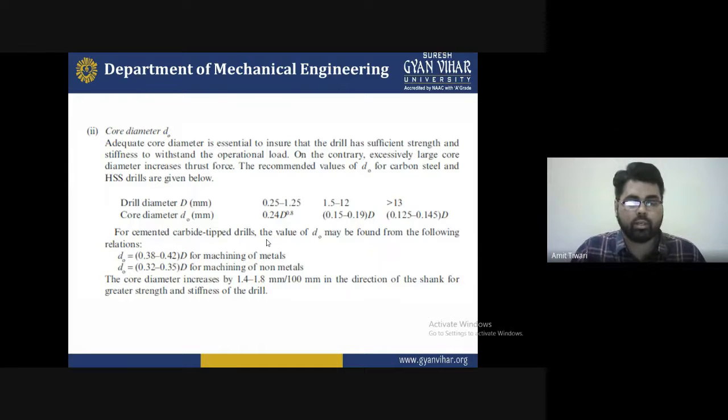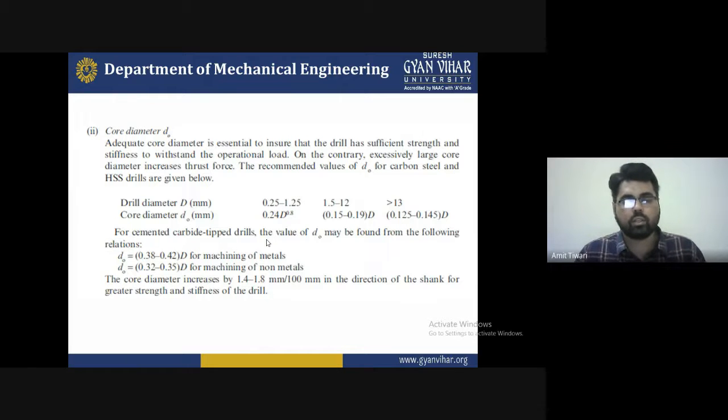For the cemented carbide tipped drill, the value of D0 may be found from the following relation: D0 is 0.38 to 0.42 times the diameter for machining of metal. And D0 is equal to 0.32 to 0.35 times capital D for machining of non-metal.